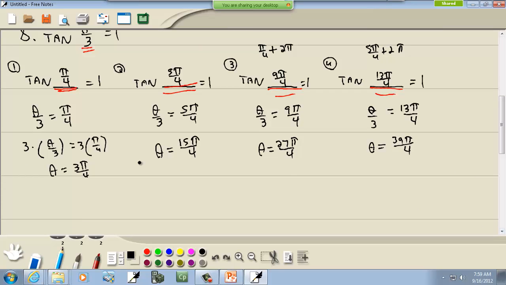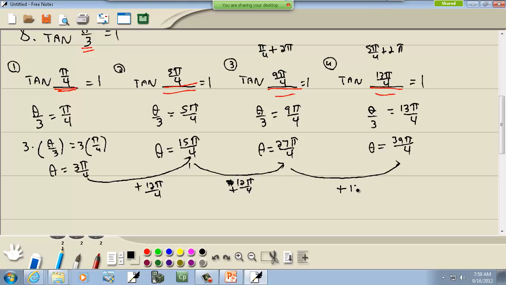Okay, let's look for a pattern. This one went from 3 pi over 4 to 15 pi over 4. We added 12 pi over 4. This one went from 15 pi over 4 to 27 pi over 4. We added 12 pi over 4. This one went from 27 to 39, and we added 12 pi over 4.